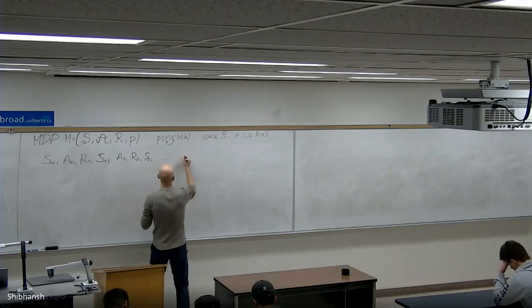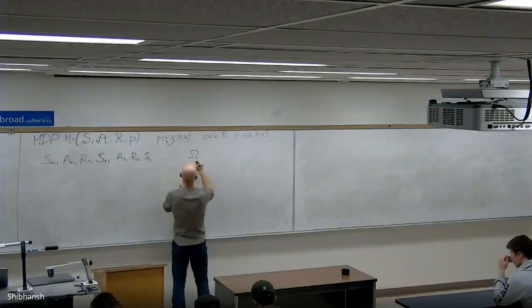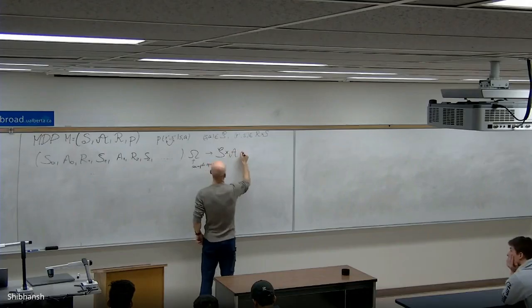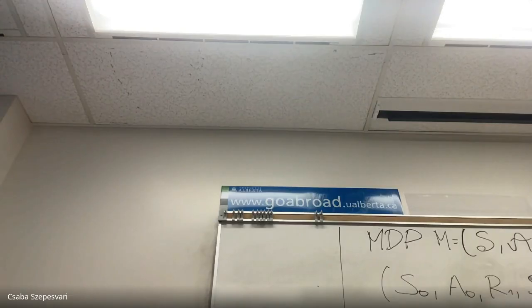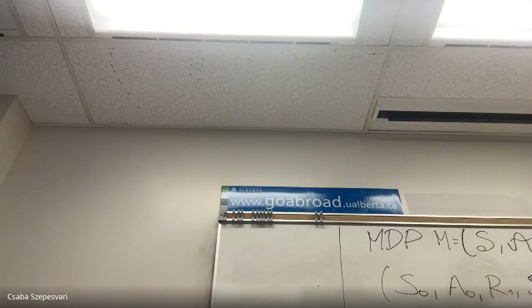Of course, these are random variables. So you have a sample space, omega, and from this sample space these map to this humongous product space of all possible states, across all possible actions, across all possible rewards, across all possible states, and so on.